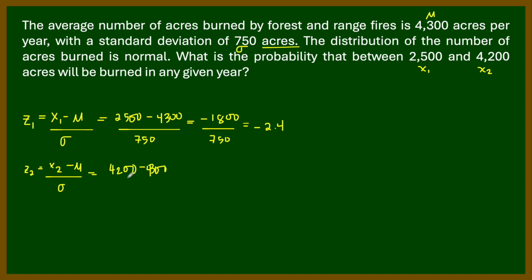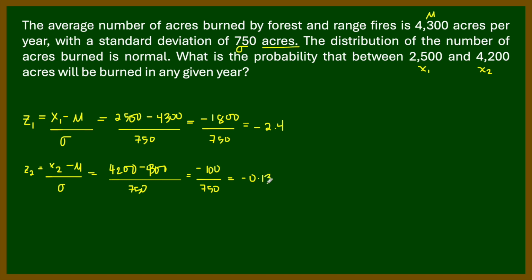This is 4,300, I'm sorry. And the standard deviation of the same number, which is 750, in our denominator. Now this will yield negative 100 over 750. Evaluating this fraction in terms of decimal, we will have negative 0.13.